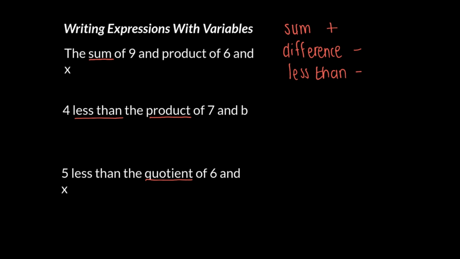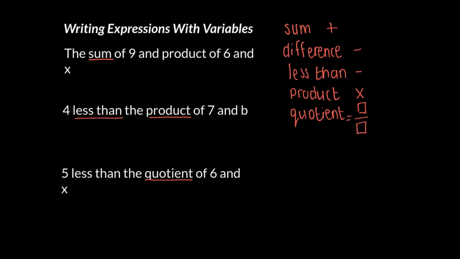And then we have the product, which means multiplication, and the quotient. The quotient is actually a little bit trickier than it sounds, but what it's talking about is some number divided by another number, and that would give us the quotient.